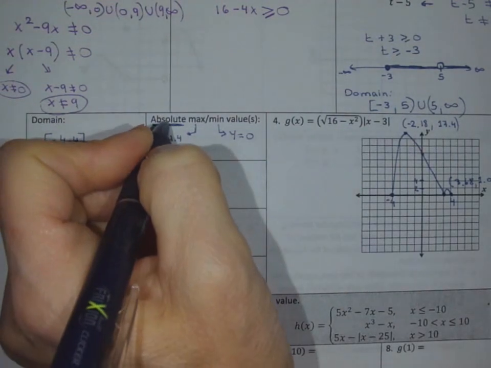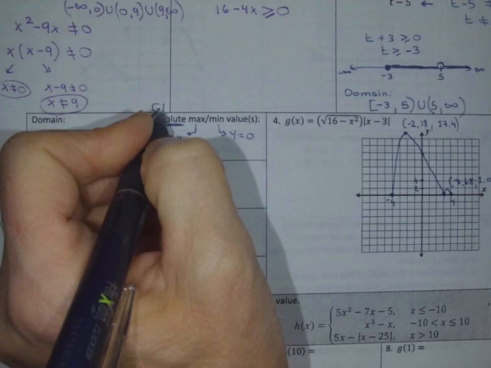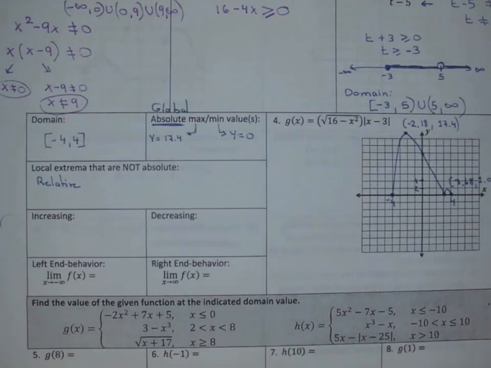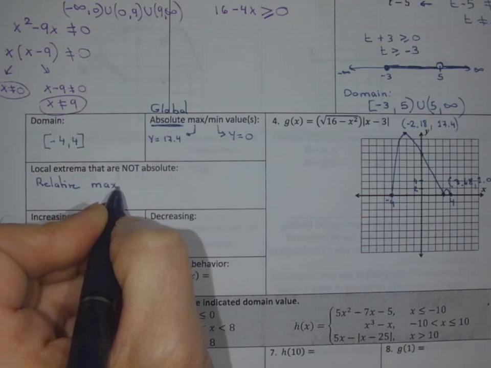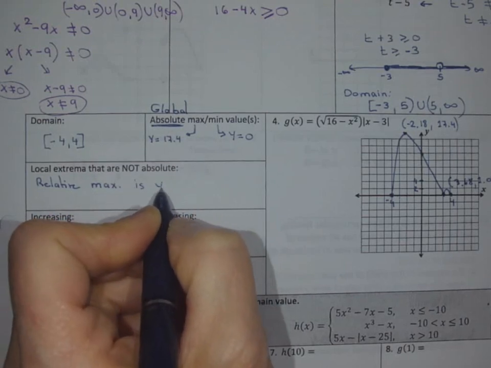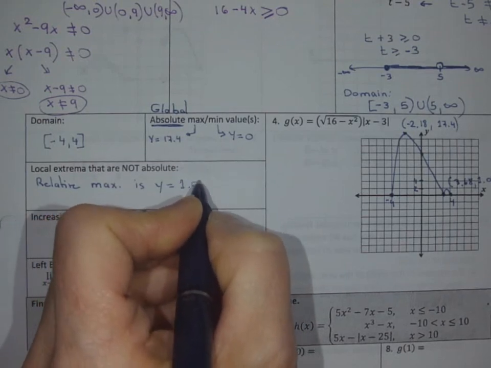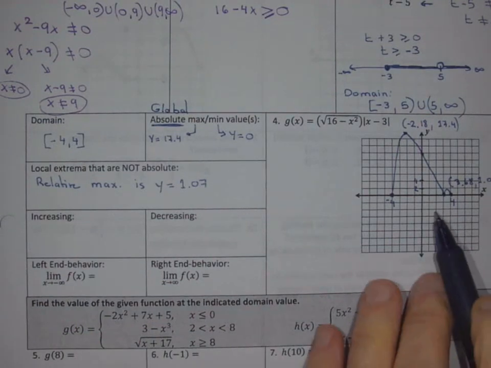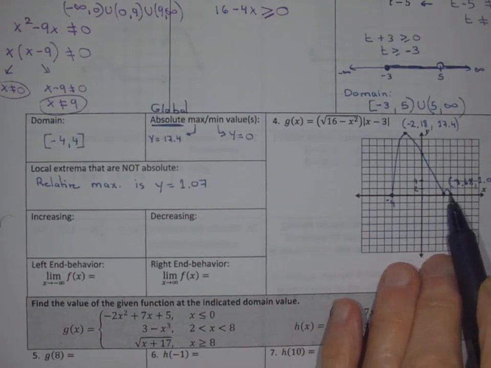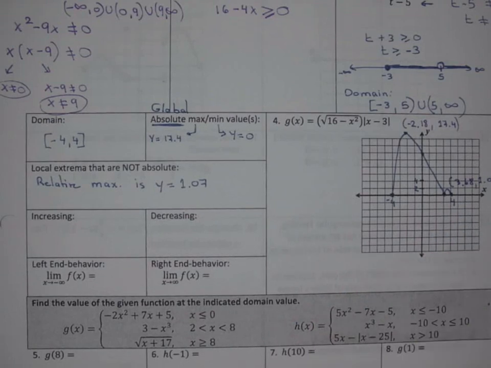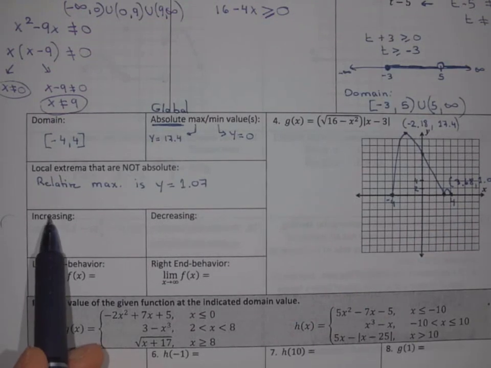By the way, what's the other word for absolute? It would be global, right? Same thing. So the relative maximum is y equals 1.07. And then there are no relative minimum because the lowest point everywhere is actually going to be my absolute minimum. Okay?